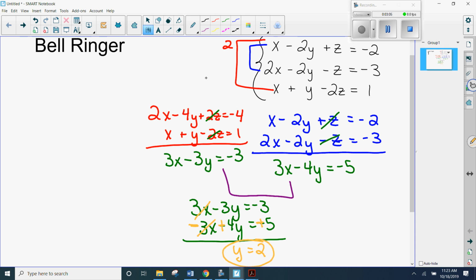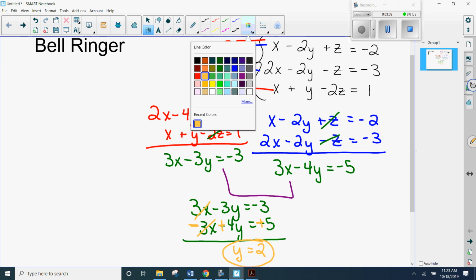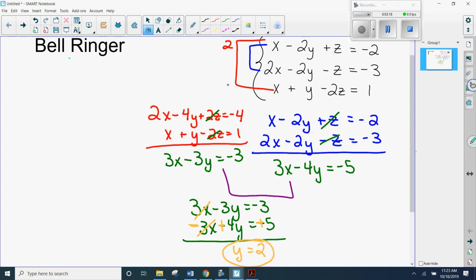Now you need to find x and z. What are you going to do to find x and z? Put y equals 2 back into one of the equations. Which equation do you want? This bottom one? That one is the same. Did you use it with the positive and the negatives changed, or did you use it from right here?